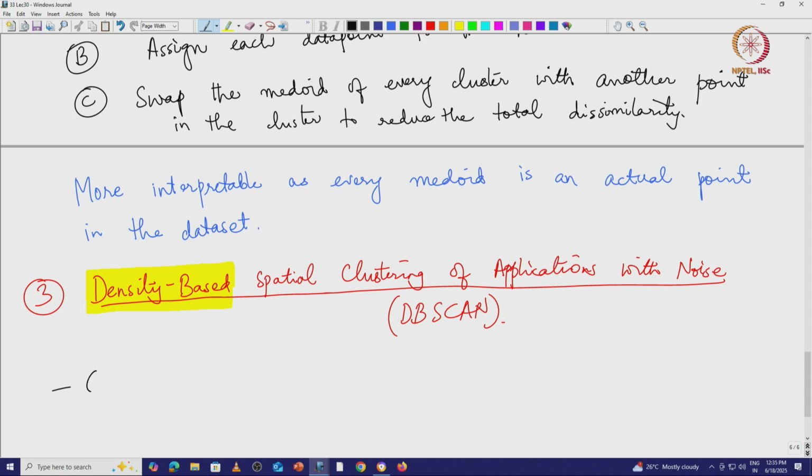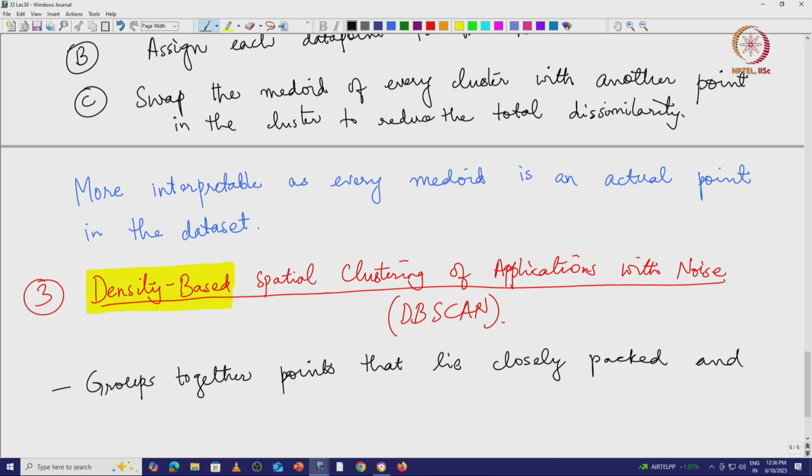So, the algorithm groups together points that lie closely packed and excludes those that lie separated by low density regions.